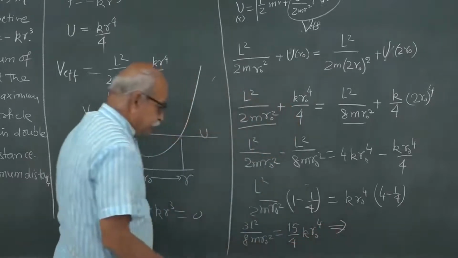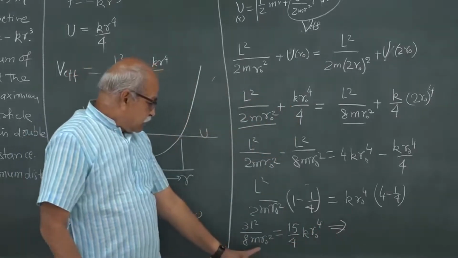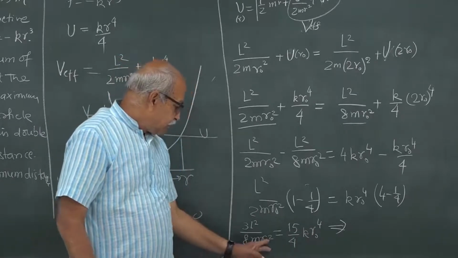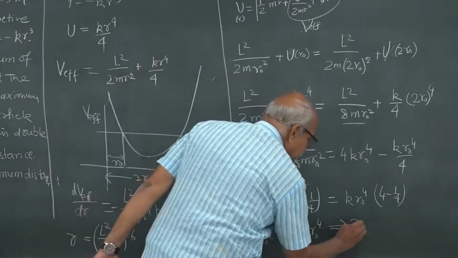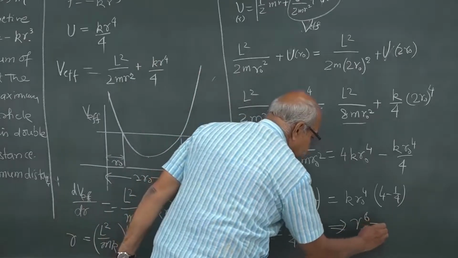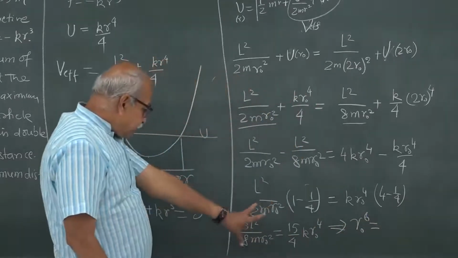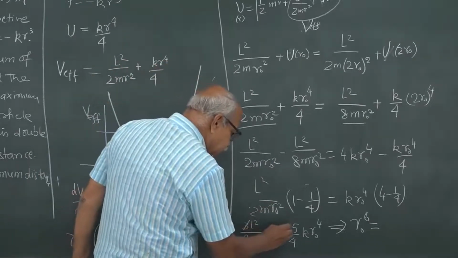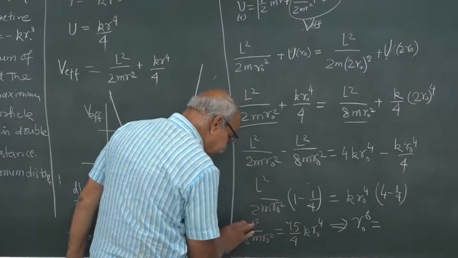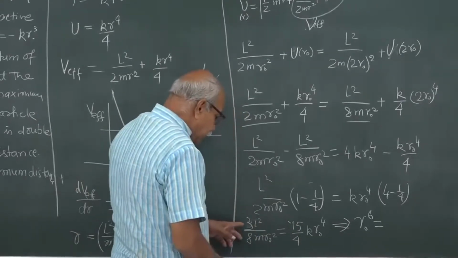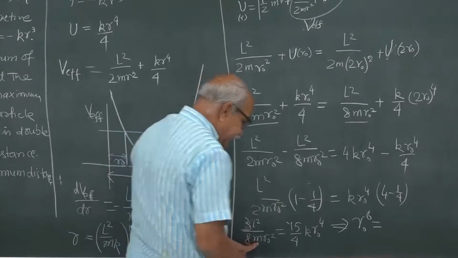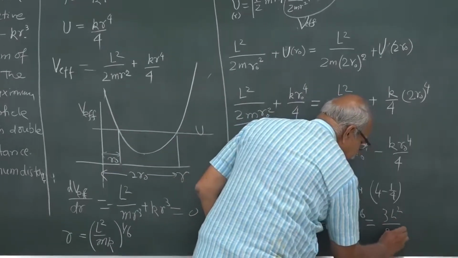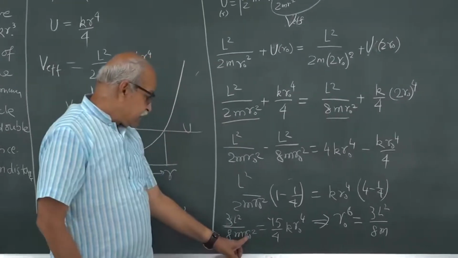That gives you, let us take this r naught square on this side. So, this will become r naught to the power 6 equal to, and everything else will be on the other side. So, 3 L square by 8 m, from this side I had taken this r naught square there.